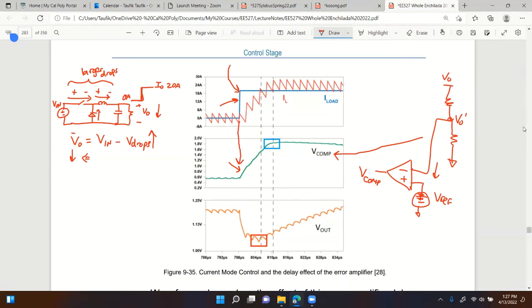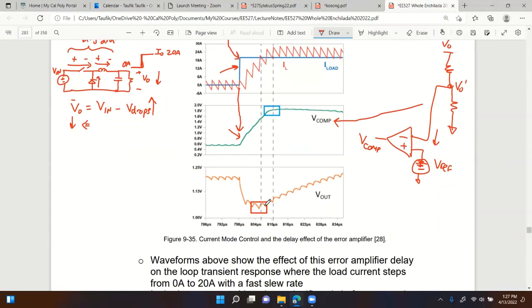However, the controller takes action, but it takes some time to actually recover. Look at it, it takes 2 cycles before it starts to go up. It drops and just stays there, and then it starts to increase.